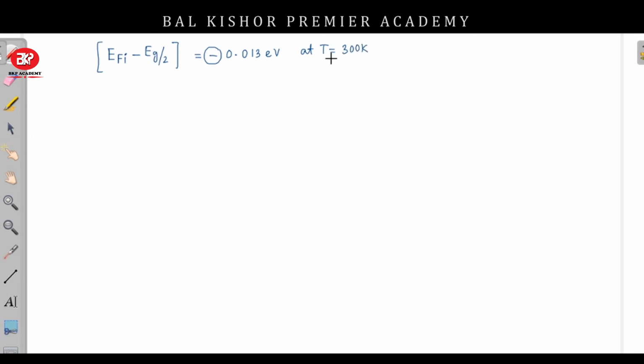So at 300 K, this EFI minus Eg by 2 has a negative sign. That means the EFI energy level will be below Eg by 2. Below Eg by 2 मतलब middle of the band gap से नीचे होगा, that's why it's a negative sign. So negative sign का significance is this.